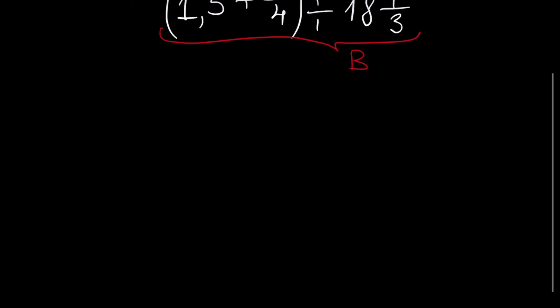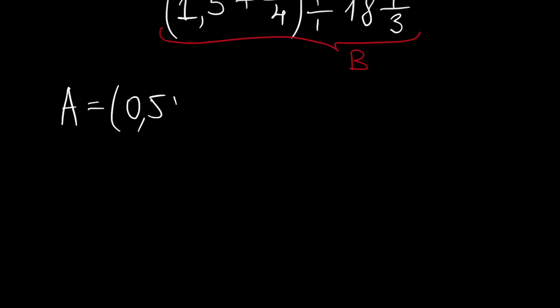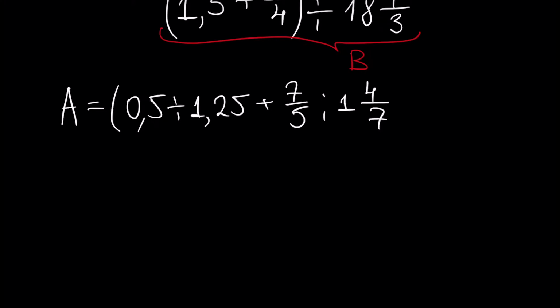A is equal to, we just rewrite it, 7/5 divided by 1 and 4/7 minus 3/11 times 3. So this is our A, and let me explain the order of operations.